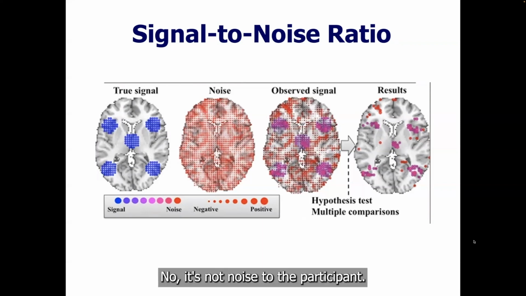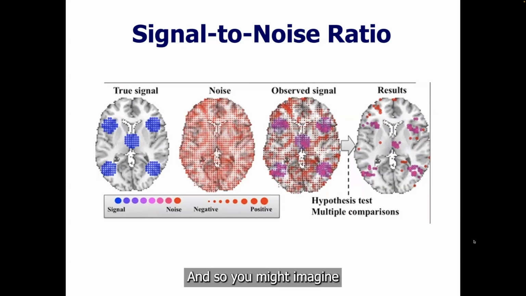Now, it's not noise to the participant. They need that blood flow and neural firing patterns to live. But what we really want is to isolate only that blood flow that's related to neural firing associated with finger tapping.